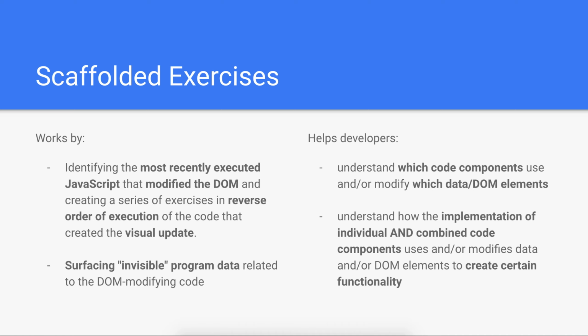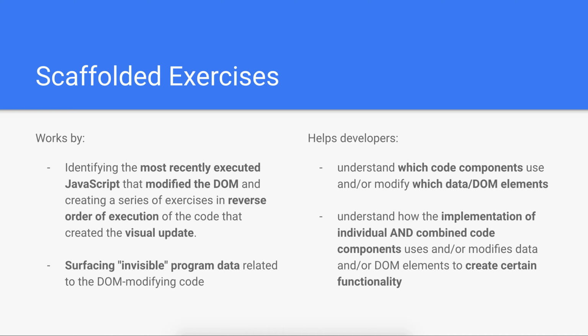Scaffolded exercises creates process management scaffolds by identifying the most recently executed JavaScript that modified the DOM and creating a series of exercises in reverse order of execution of the code that created the visual updates. So it links information to visual intuition by surfacing the invisible program data related to the DOM-modifying code.